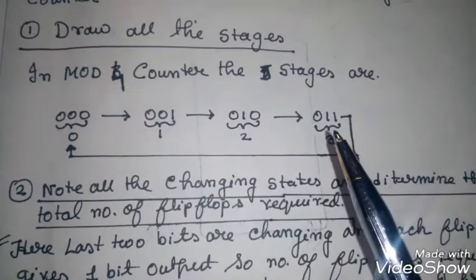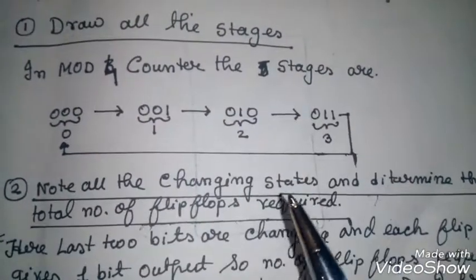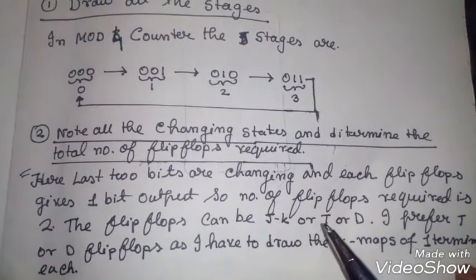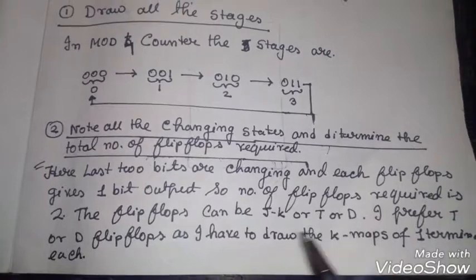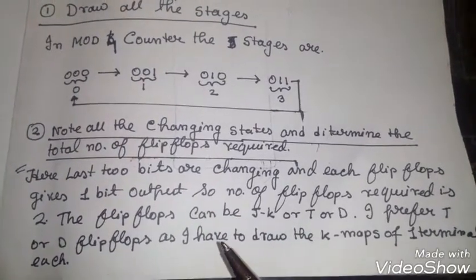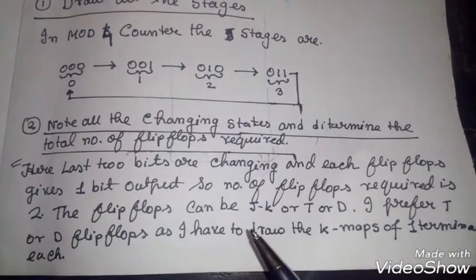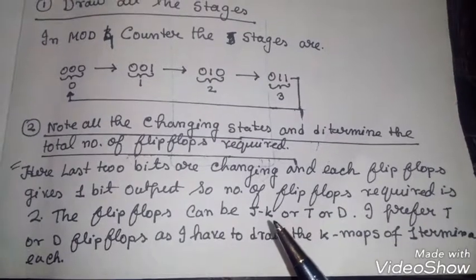Since each flip-flop gives 1 bit of data and we need 2 bits of data to be displayed, we need 2 flip-flops. Now these flip-flops can be JK, T or D flip-flops. I prefer T or D flip-flops because I have to draw fewer K-maps than with JK flip-flops. In the case of JK flip-flops, I have to draw the K-maps of the J's and the K-maps of the K's.